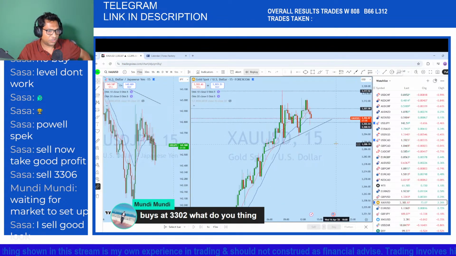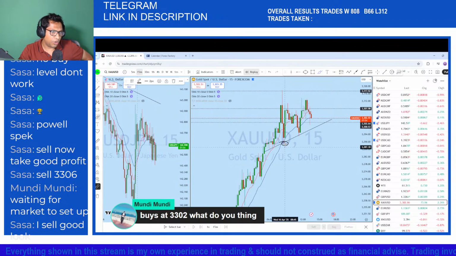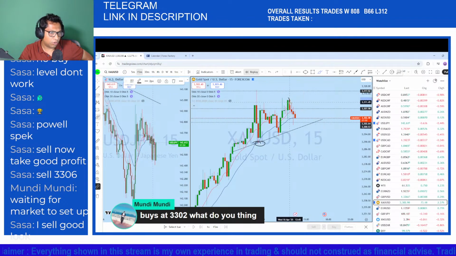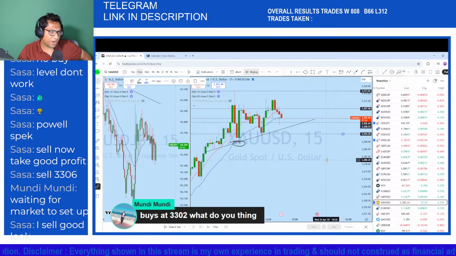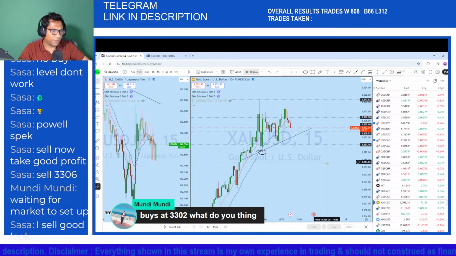On the 15 minutes chart, we can see that this was the previous long wick rejection, and if all those red candles come straight back here, that's where we will be able to observe the price action for a potential reversal from that zone.